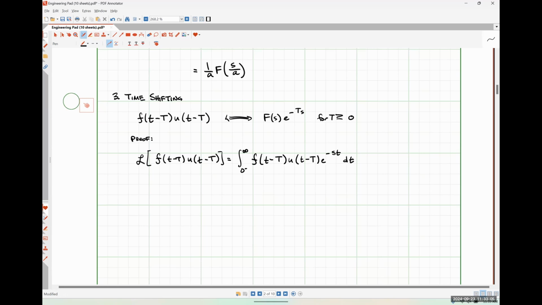So what's the value of this unit step function over this interval? 1, right? Because we're saying this doesn't turn on until some point in time that's later, but when it's on, it's always just going to have a value of 1. So we're just going to let that look like 1.